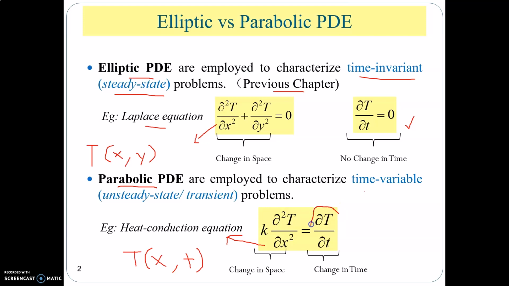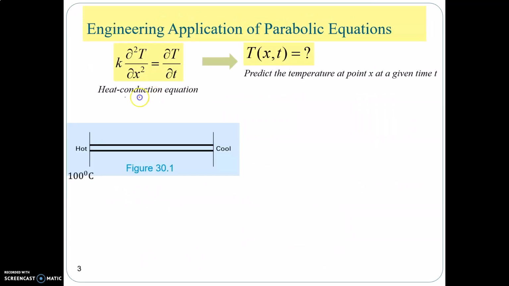The delta capital T here divided by delta small letter t is not equal to 0, which means the temperature capital T here is changed with respect to the time. With that, we can say this is a time variable unsteady state or the transient problem. We can use the heat conduction equation to predict the temperature at point X at a particular given time.